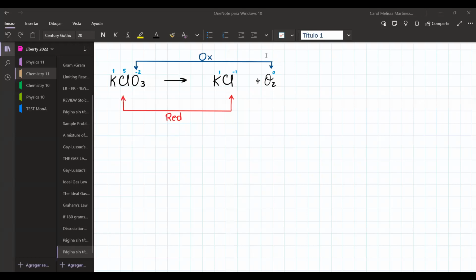Why is that? You can see this from the perspective of a number line.